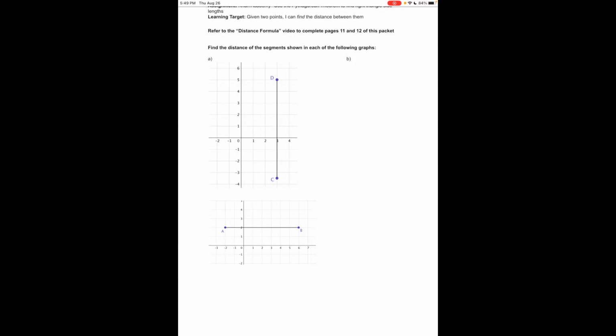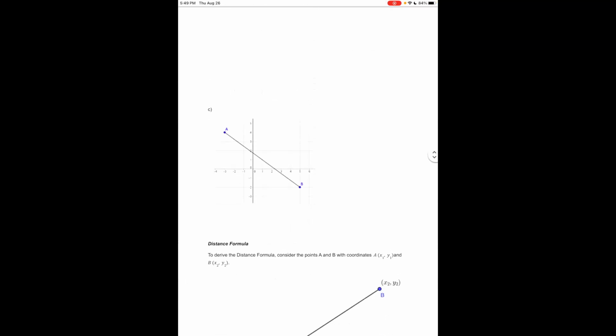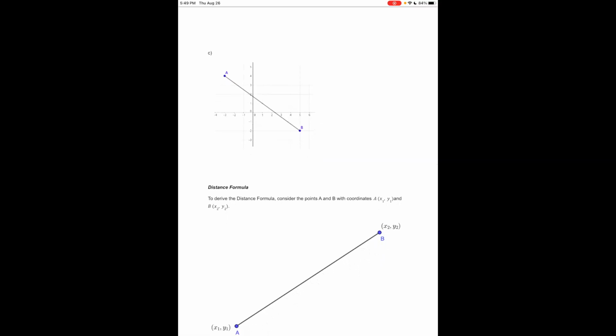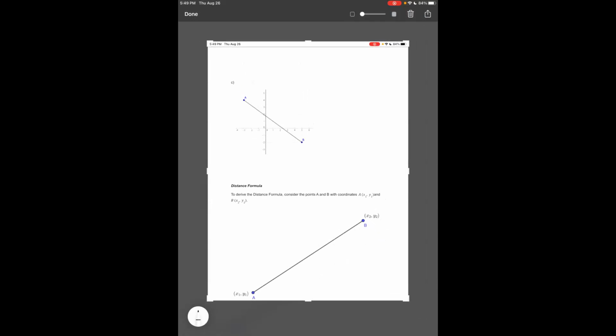Well, what if we don't have a straight line distance? Okay, so you look here in this next example with segment AB. How in the world are we going to find the distance in this scenario when we can't count blocks? Well, there was probably a reason why we talked about the Pythagorean theorem before we got to the distance formula.